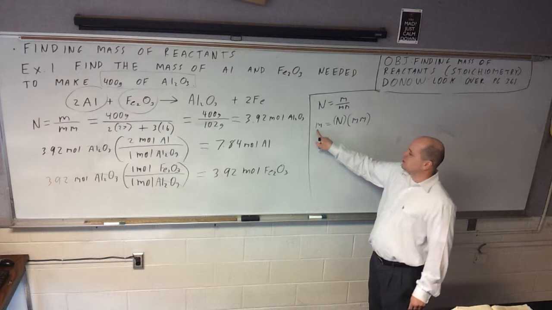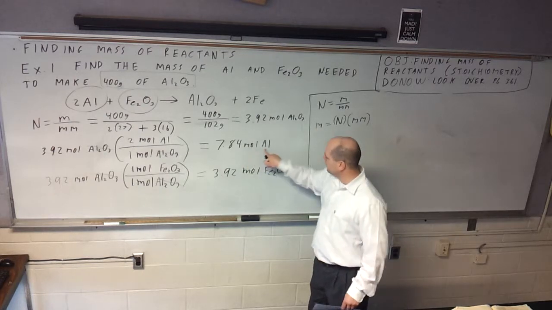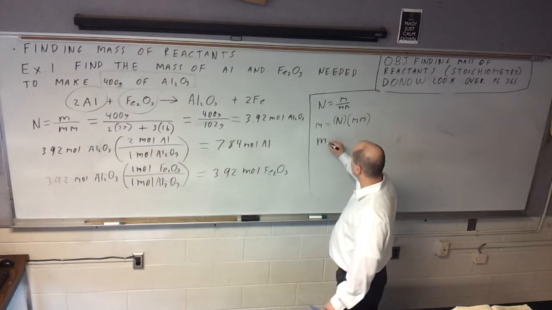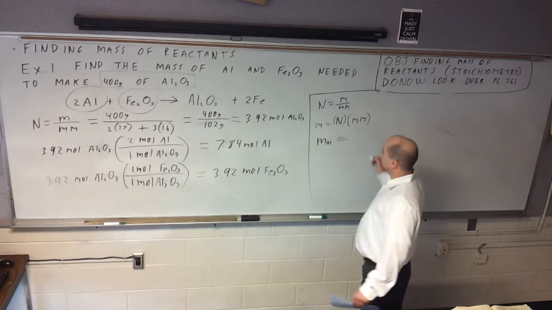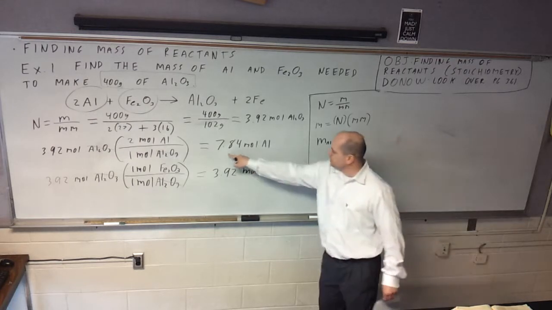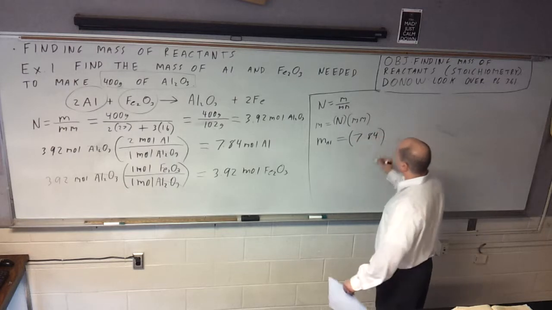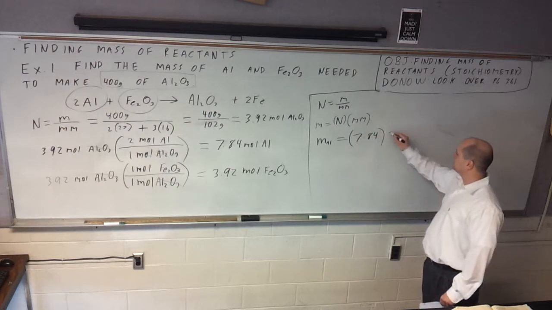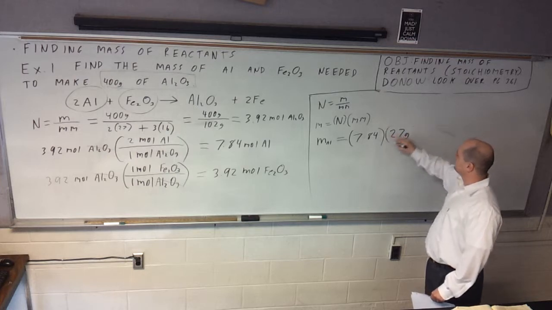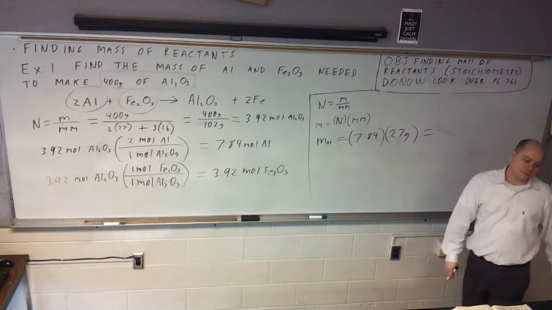Okay, so we'll do it each separately. We'll do mass of aluminum. Well, that's going to be number of moles of aluminum, 7.84, times the molar mass of aluminum, which we said is 27 grams. And what's that come out to?